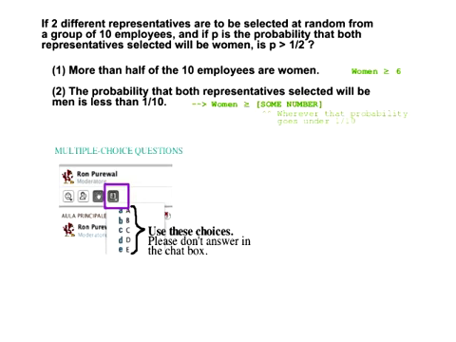This is why this problem even exists as a problem in the first place. But that kind of inequality makes sense to y'all, because the more women you have, the smaller the probability of two men is going to go.